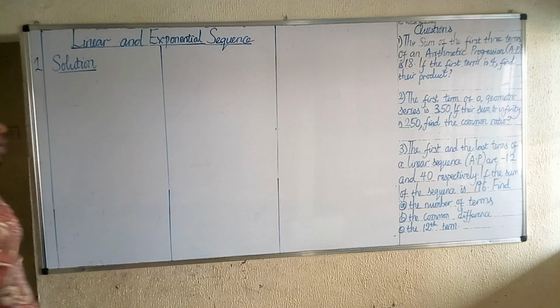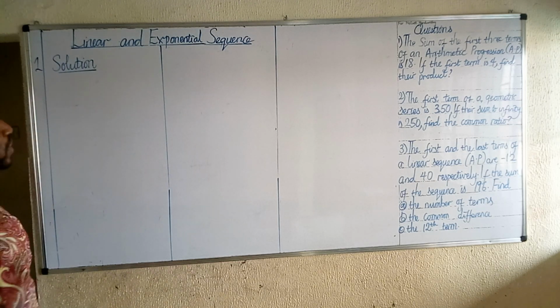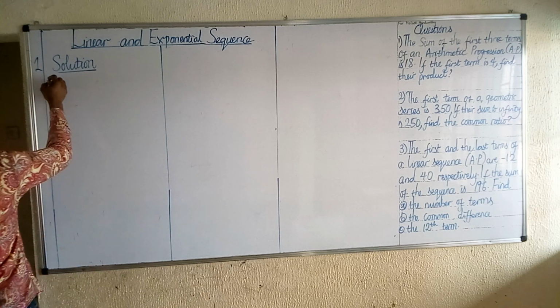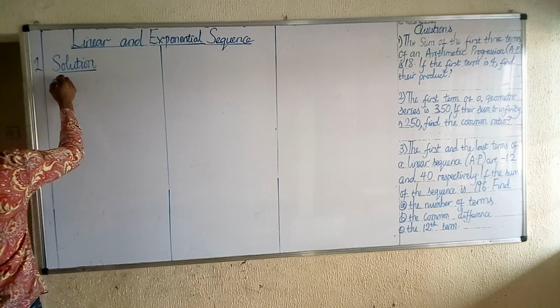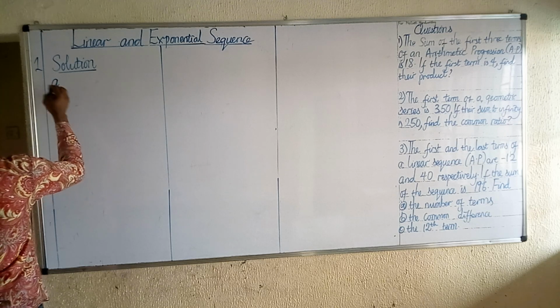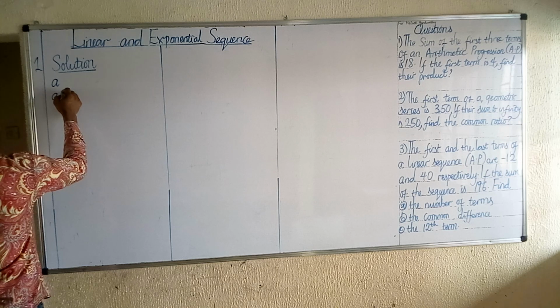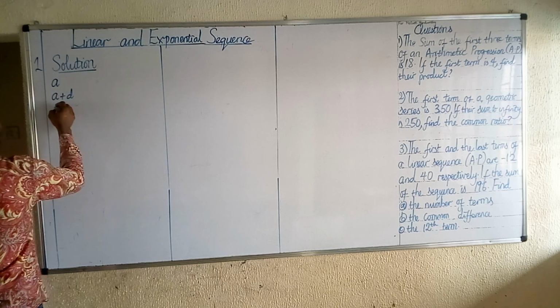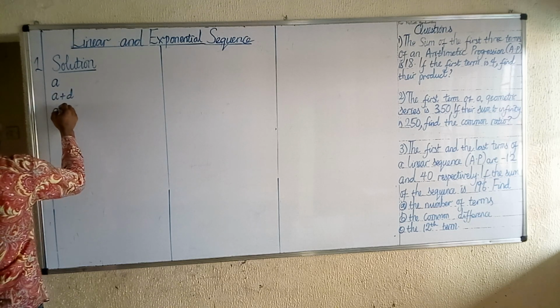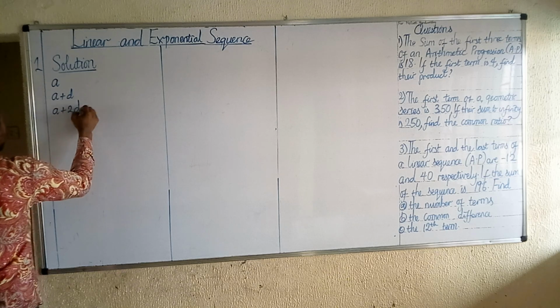Now for question number 1, the sum of the first three terms of an arithmetic progression. Let the first term be A. The second term, let it be A plus D, and the third term, let it be A plus 2D.